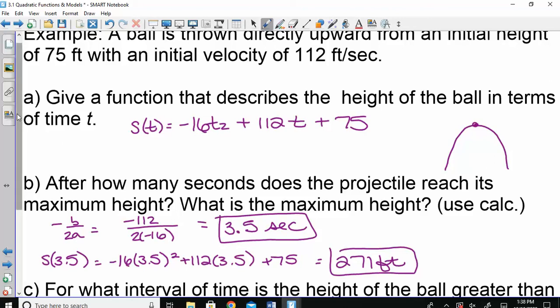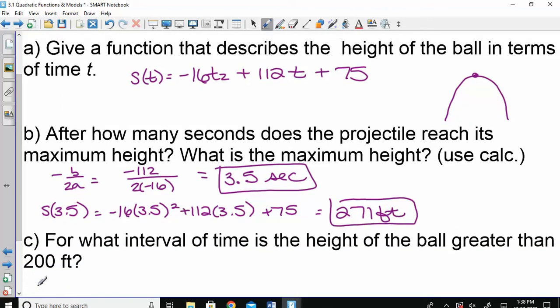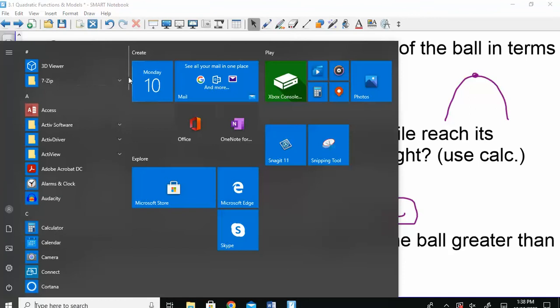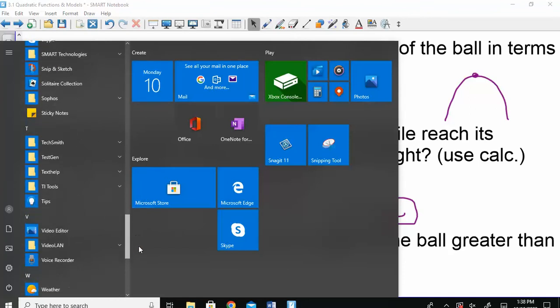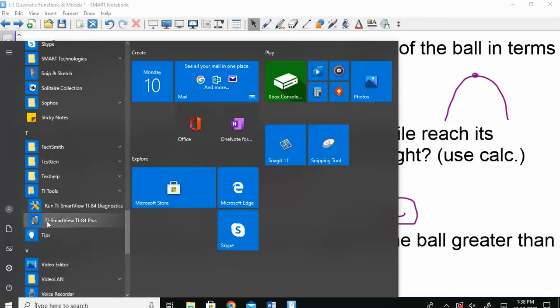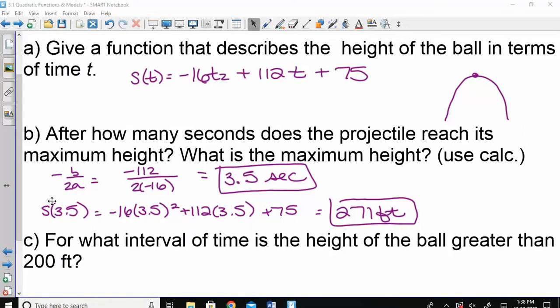The last question, I wanted to kind of show you how to do something a little bit different on your calculator. I want to know when the height of the ball is greater than 200. So we've solved some quadratic inequalities. We could do this by hand, but I wanted to teach you how to do it on your calculator. So everybody grab one if you don't have it already.